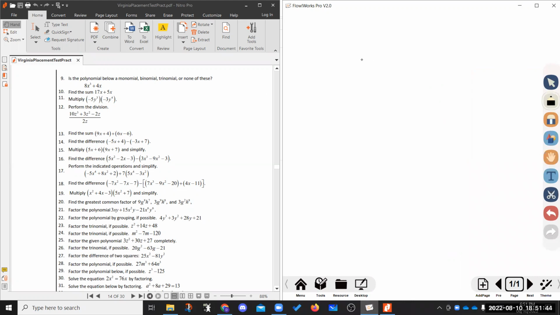Number 26 asks me to factor 20g squared minus 63g minus 21 to factor that completely. So because the leading coefficient is not 1, I'm going to use that method of the AC method that I was using just a minute ago to say that they need to multiply to give me negative 420.